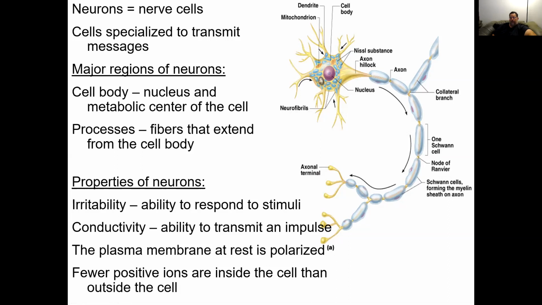We'll get into what it means to be a polarized cell, but the plasma membrane at rest is polarized, and that represents the relative charge. So the inside of a nerve cell, if you were to put an electrode into it and measure it, would actually have a negative electrical charge, while the outside of the cell, the extracellular fluid, would have a positive charge. And this is made up primarily of sodium and potassium and chlorides and a few things like that.